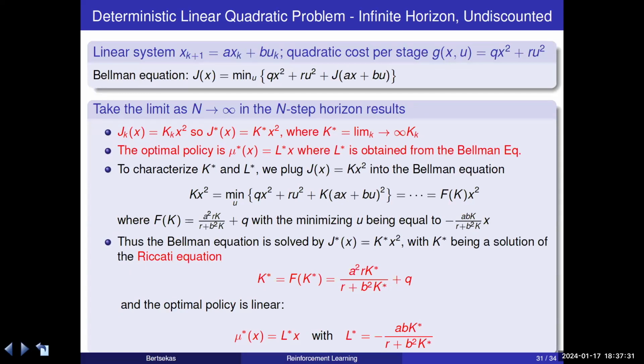It's proportional to the state with a factor of proportionality being this L star. Okay, so that's the solution. I hand-waved a great deal here based on the solution of the finite dimensional problem. And now let's see what kind of insight we can get into the solution of this Riccati equation. Are there any questions here?